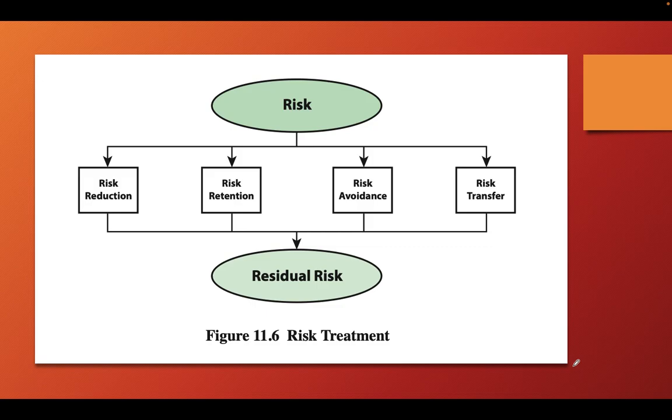The third one is risk avoidance, so one way of treating risk is to avoid it totally: put measures and mechanisms in place to ensure that the risk does not even come to the organization. The fourth method is to transfer the risk: when risk comes, you transfer it. All of this amounts to what we call the residual risk. All these treatments can only be implemented for residual risk. So this is the block diagram for treating residual risk.